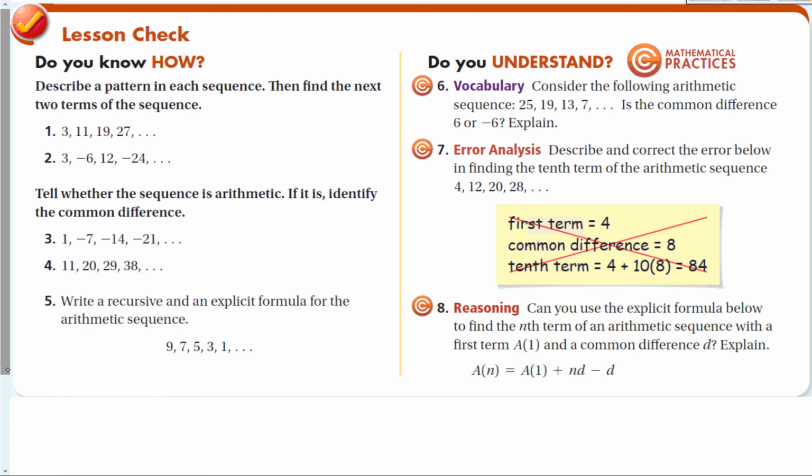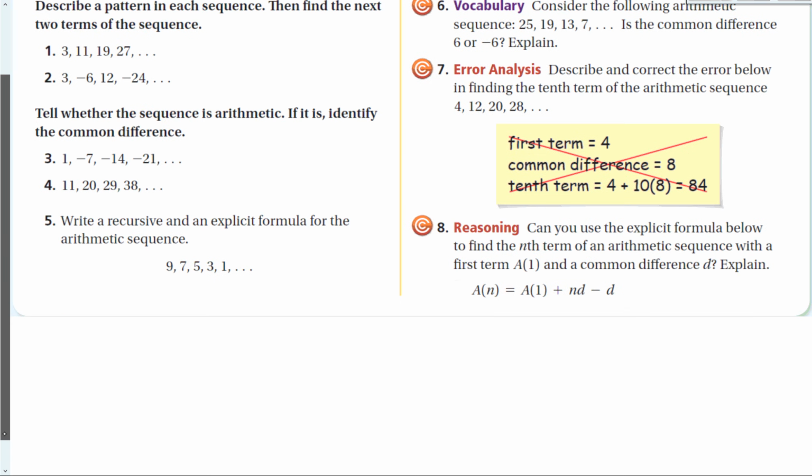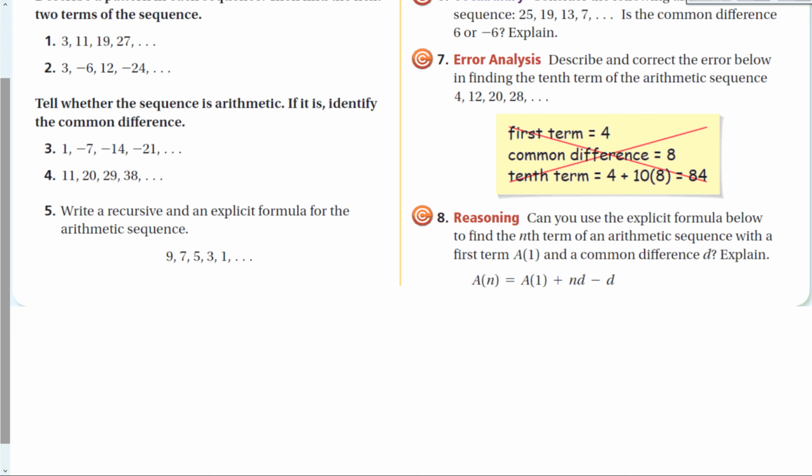So for 5, to write a recursive and explicit formula for the arithmetic sequence, the recursive formula is the first term is 9, and the next term is the previous term plus my common difference here, sorry, this is going to be a -2, because my common difference is -2.